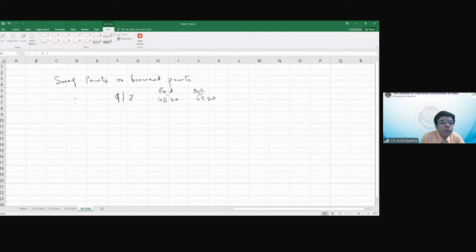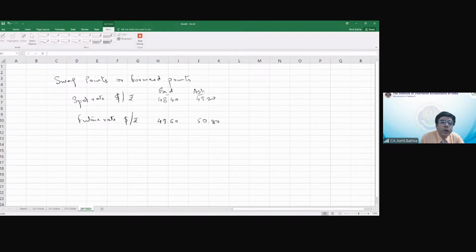This is my spot rate. And then I have my future rate, which is given to me by the bank, say 49.60 and 50.80.